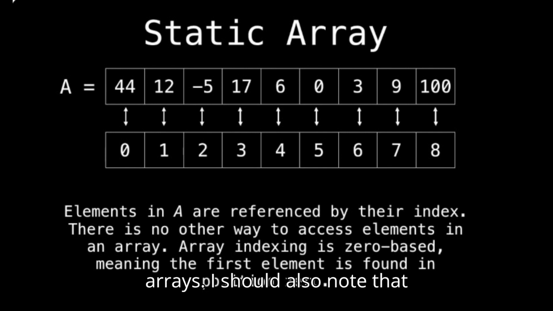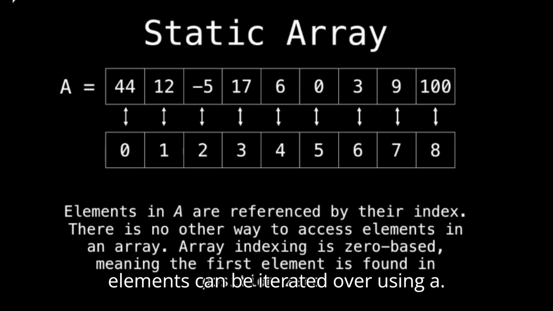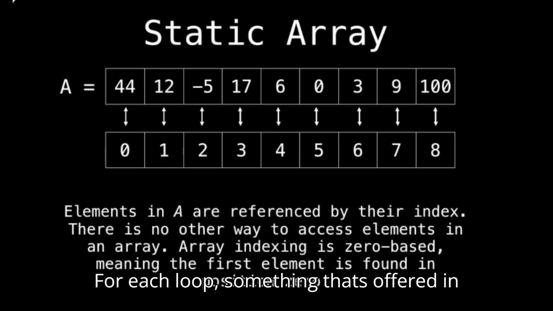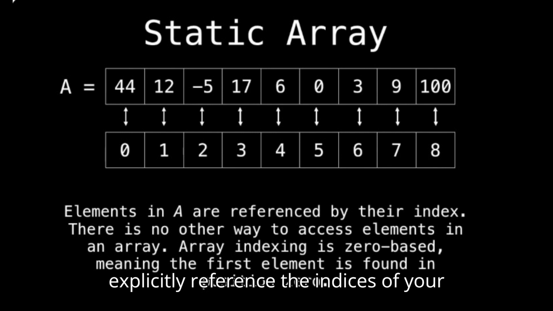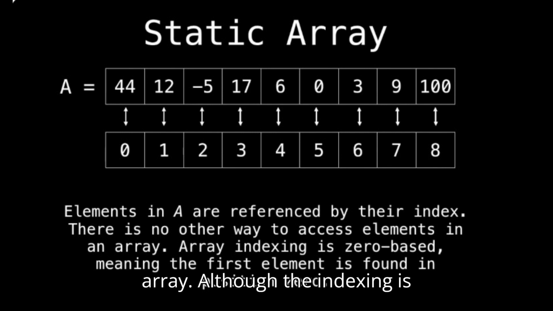Anyways, back to arrays. I should also note that elements can be iterated over using a for each loop, something that's offered in some programming languages. It doesn't require you to explicitly reference the indices of your array, although the indexing is done internally. Behind the scenes, the notation of the square brackets denotes indexing.